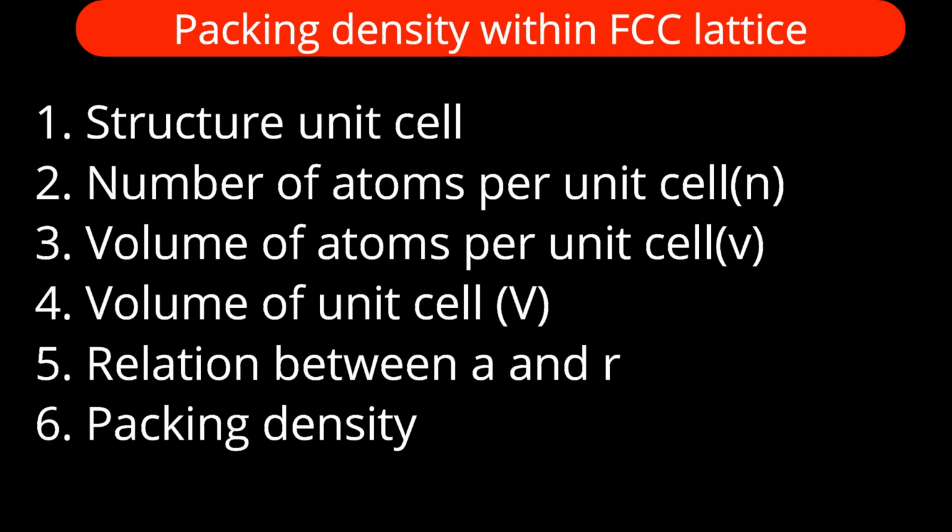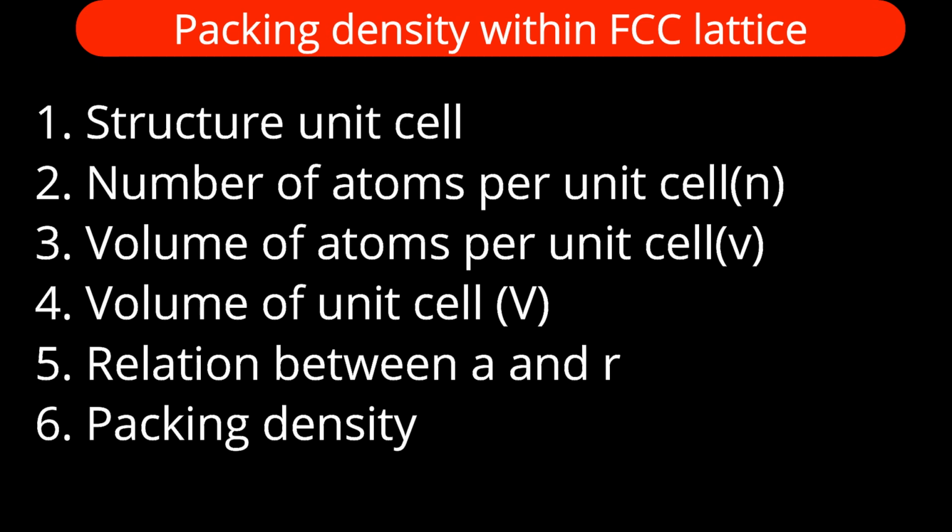While determining packing density of various crystal lattices, we need to consider 6 points. First point, we need to clearly understand the structure of the unit cell. Second point, the number of atoms per unit cell, that's a small n, we can find properly.